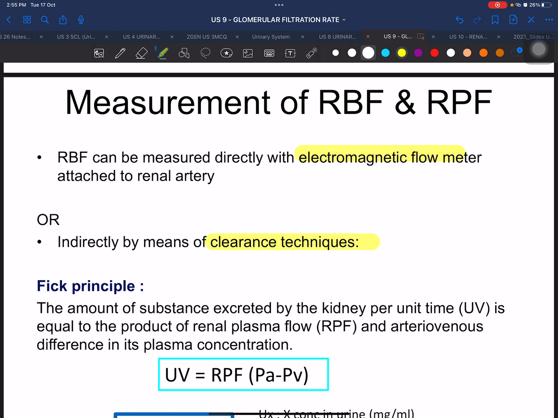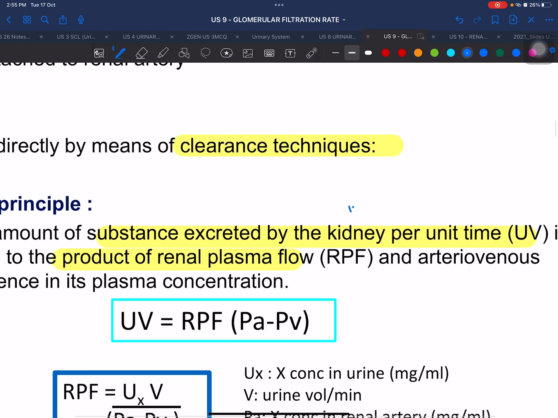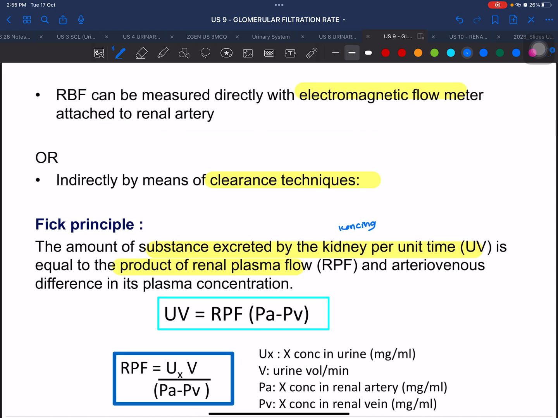So we have the Fick principle. The Fick principle states that the amount of substance excreted by the kidney per unit time is equal to the product of renal plasma flow and the arteriovenous difference in its plasma concentration.